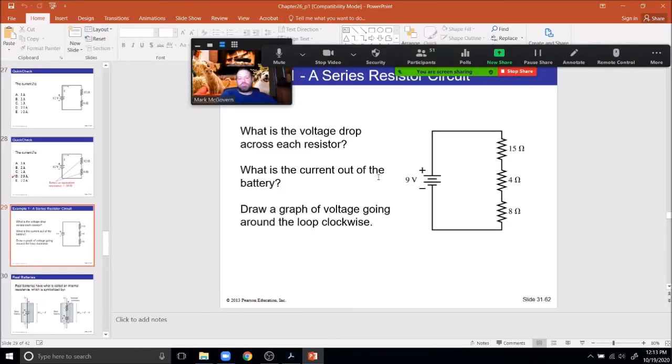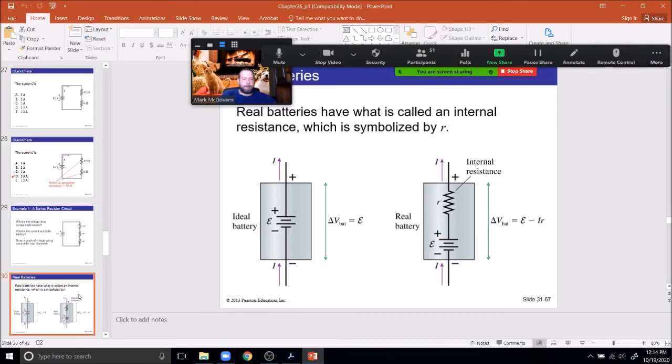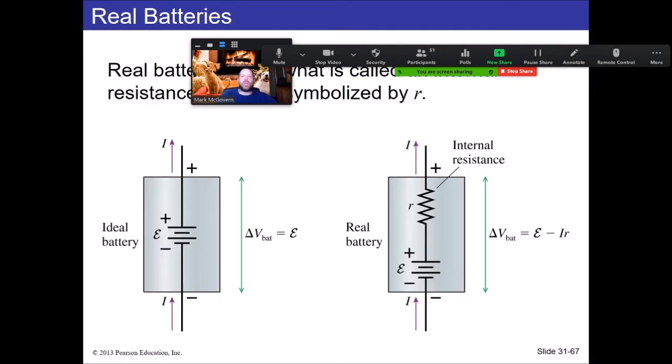Okay. Now, this is what I was talking about earlier. Real batteries, right? So the idea with a real battery, if we don't want to assume we have an ideal battery, is that there is an internal resistance that develops in a battery. If we apply a really simple relationship here, it acts as a resistor, and we subtract off from the EMF, using a lowercase r for the internal resistance.